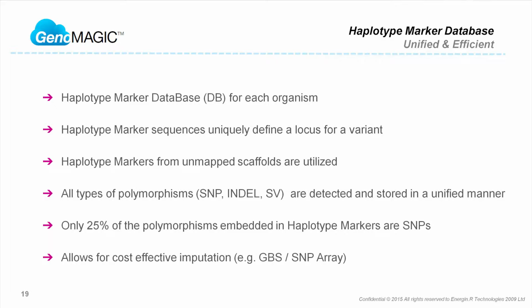And then you're using it to store all the different markers or the different polymorphisms that are there for a specific organism. And then you use it to cost effectively, and the point here is cost effectively, impute back. So we've created a connection between the GBS and a full sequence. You can impute back from those markers back to the full sequence.